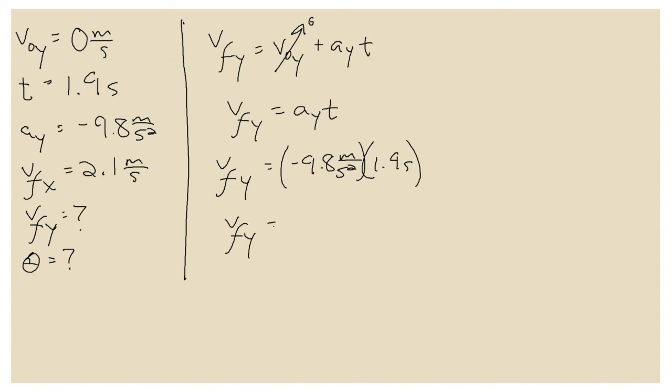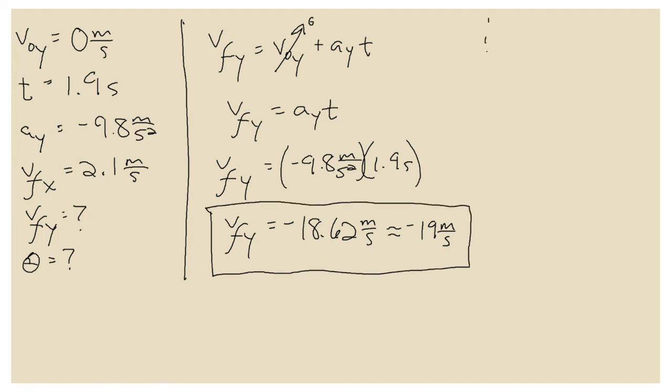And when we do that math and get our answer here, we get an answer of negative 18.62 meters per second, or to two significant figures, negative 19 meters per second. And now that we have VFY and VFX, we can find the angle, theta. And so as we just described in our equation, theta is equal to the inverse tangent of the y final velocity over the x final velocity.